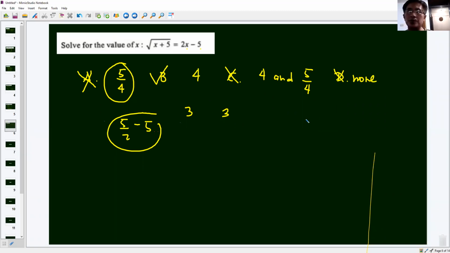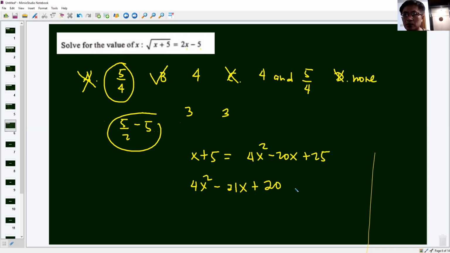Pero if the choices are not that obvious, syempre you have to solve. Square both sides. Hindi makakaligtas. No problem. At least you still know how to do this. See, di ba? Ganyan lang naman. Factoring. So 4x and x. 5 and 1. 4 and 5. Then minus and minus.